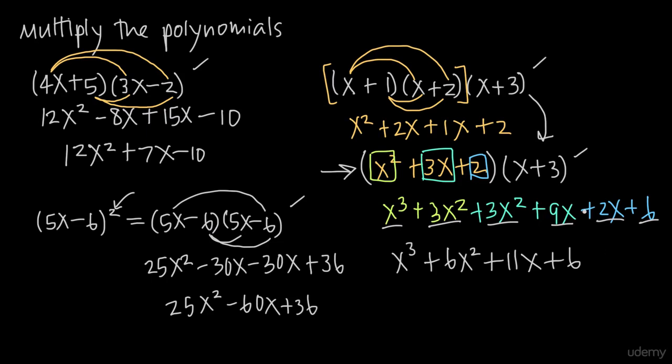And no matter the length of your polynomials, here we had 2 binomials, and here we had 3 binomials, which we simplified to a trinomial multiplied by a binomial. No matter how many polynomials and no matter the length of them, the takeaway is that you have to multiply each term in each polynomial by all of the other terms in the other polynomials in order to get the correct answer.